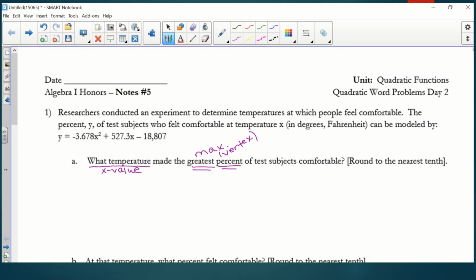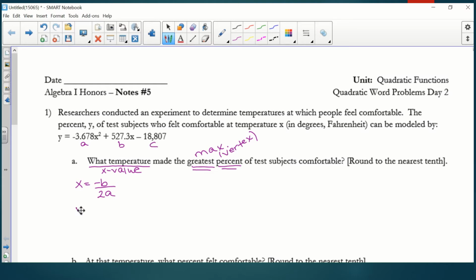So in order to find the x value of the vertex, we're going to use the axis of symmetry formula. That formula again is x equals negative b over 2a. Looking at our quadratic, our a value is always attached to x squared, our b value is always attached to x, and our c value is always our constant.